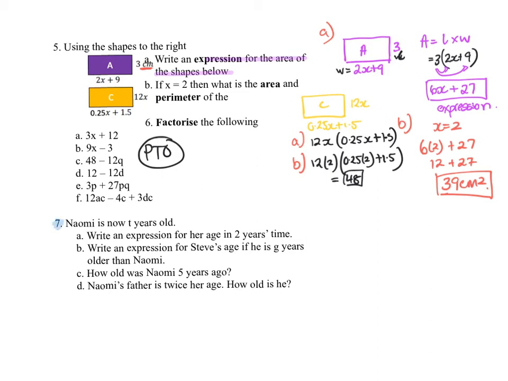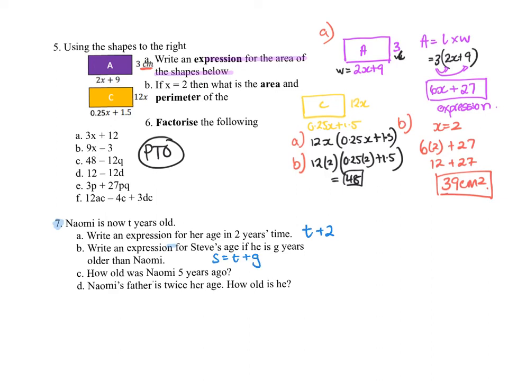So Naomi is T years old. Write an expression for her age in 2 years' time. So if she's T, in 2 years' time should be T plus 2. Write an expression for Steve's age if he is G years older than Naomi. So Steve must equal Naomi, who is T, plus G, years older than Naomi.